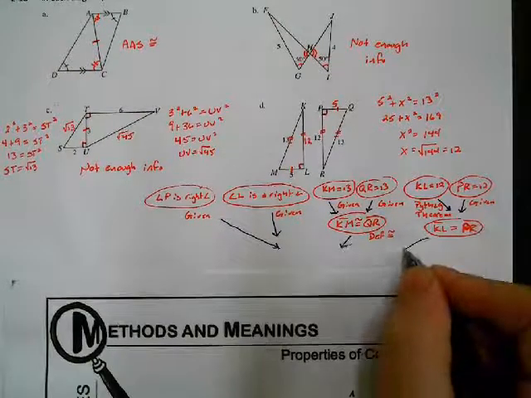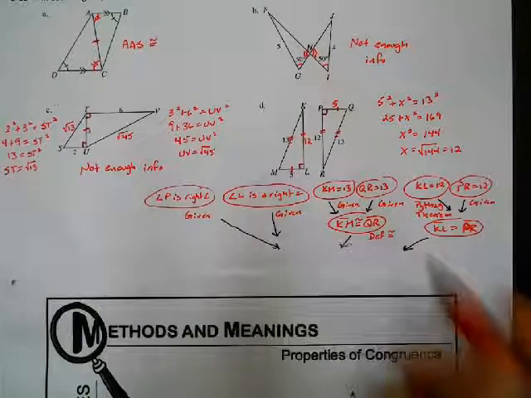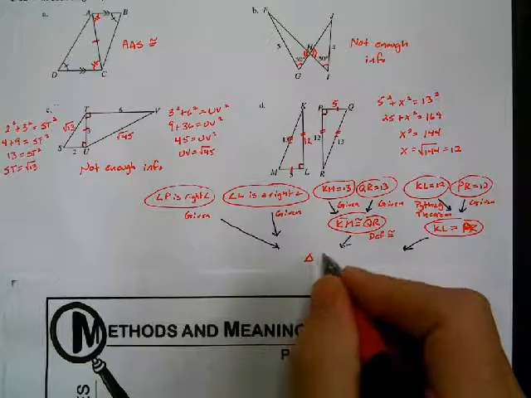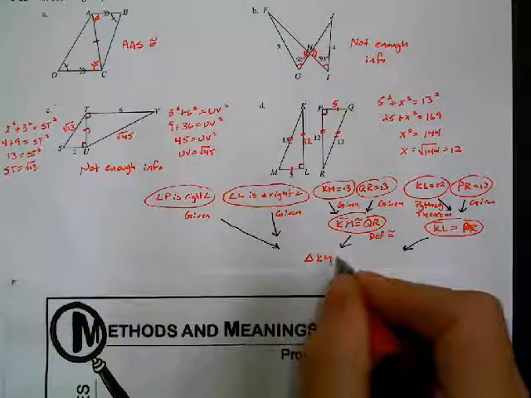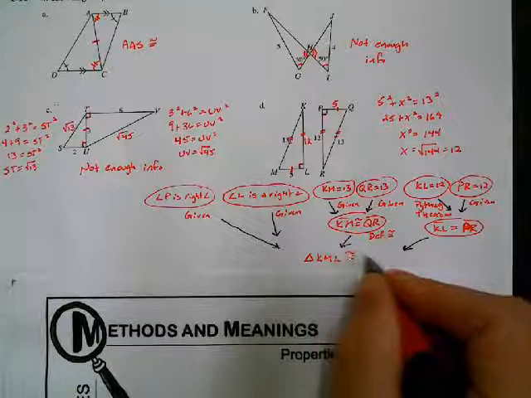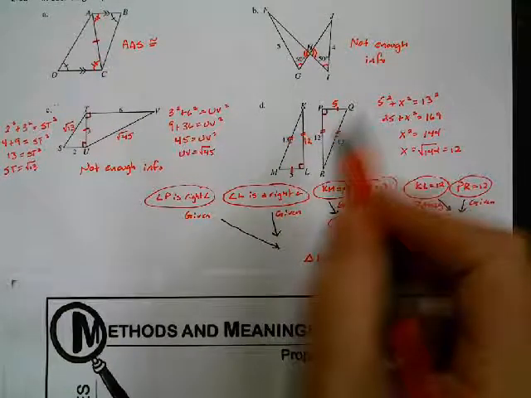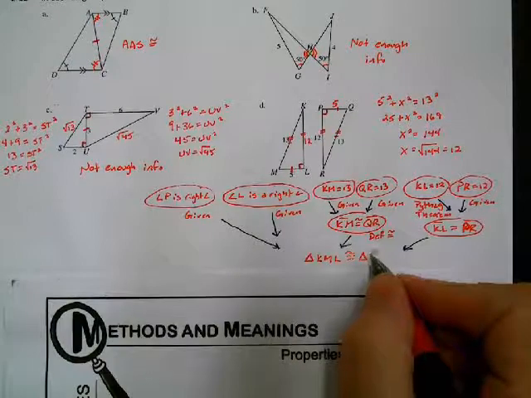The triangle KML is congruent to triangle, okay, so I used K, that was between 12 and 13, so R corresponds to K. M was between 5 and 13, so Q corresponds to that.